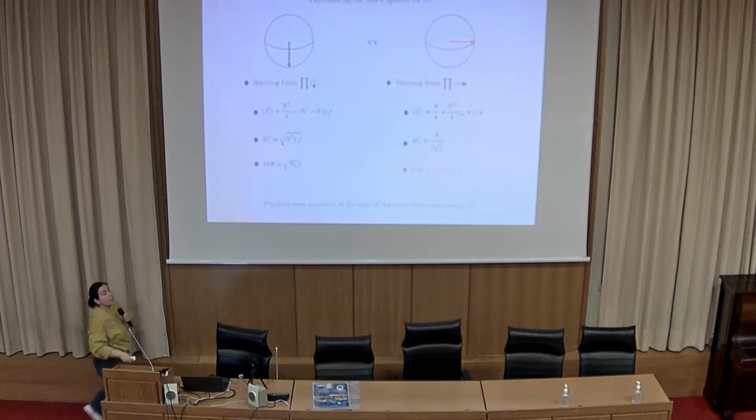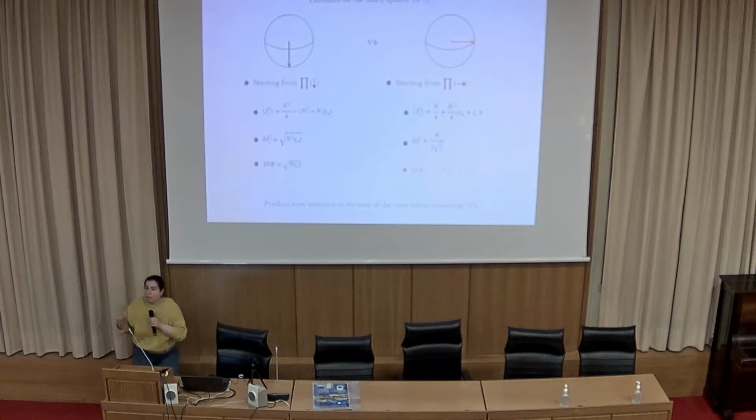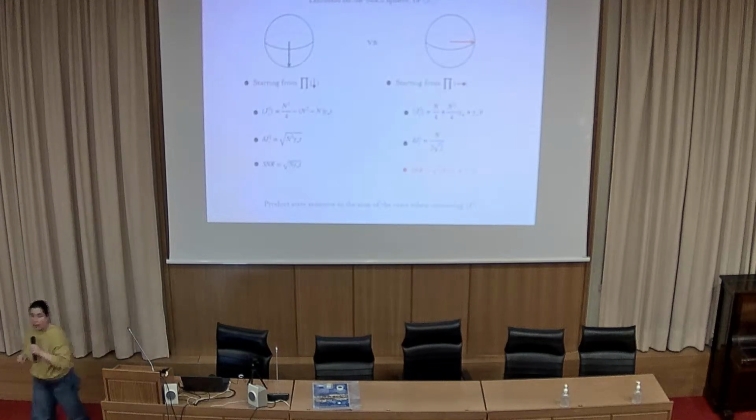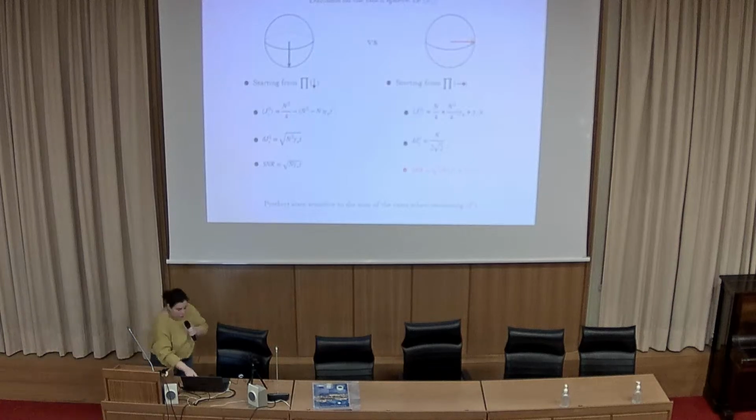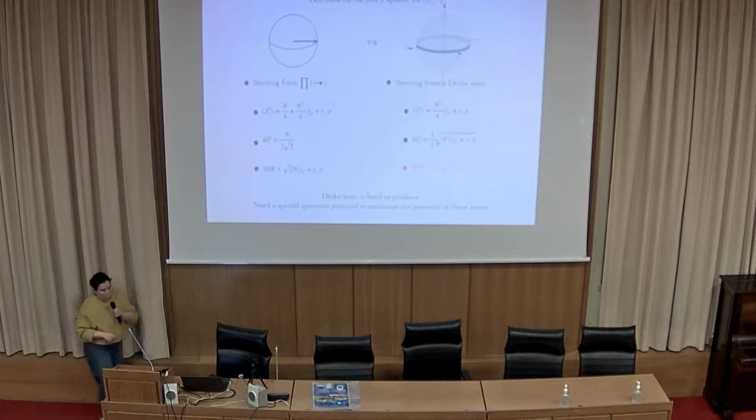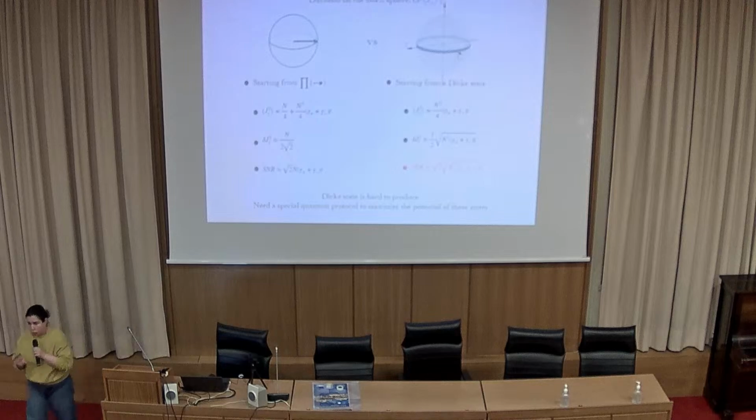There is a square root of n uncertainty in the value of Jz. So you haven't gained much, which means that if you want to talk about the total rate, you need to prepare special states.